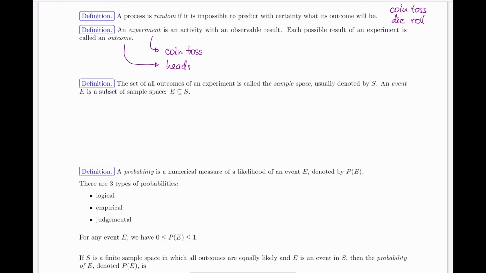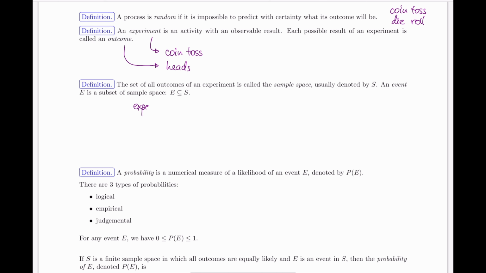So let's think about, for example, the roll of a die. Our experiment can be rolling of a single die. Now, normally, if it's not specified, the die is going to be assumed to be six-sided. Okay, so I'm going to write it out here, but by default, we assume it's 6 sides unless otherwise stated.